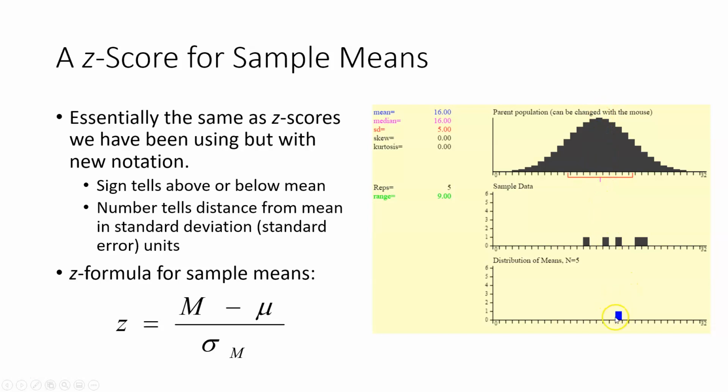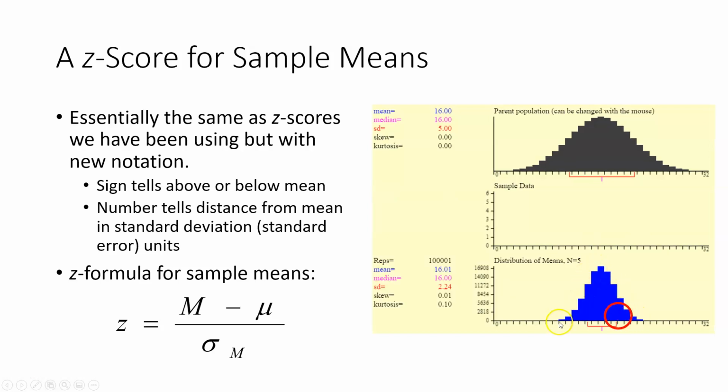But if we took this one sample and we imagined the rest of the sampling distribution as this, then we could say, where does this score fall within this sampling distribution? What is the z-score associated with it?